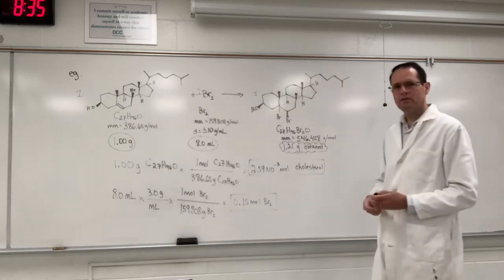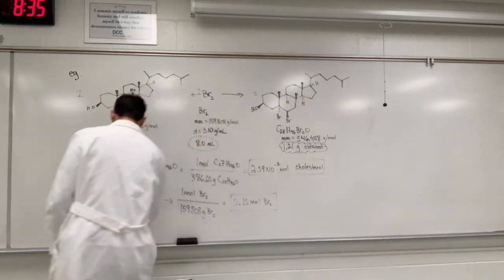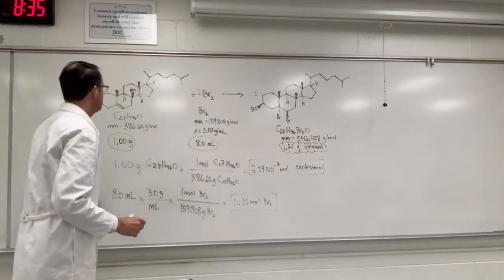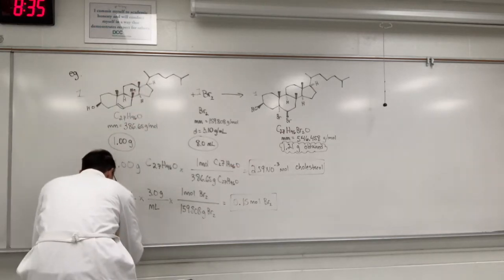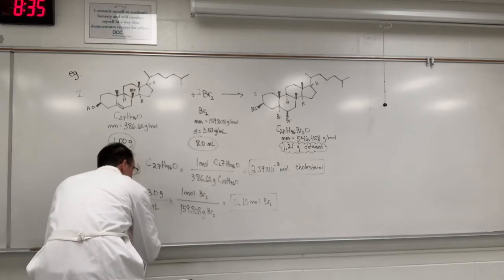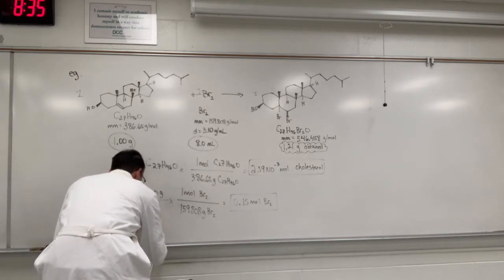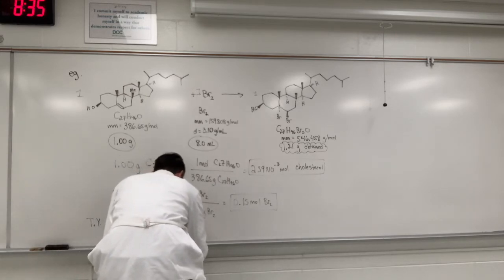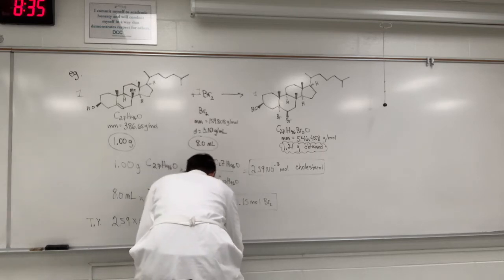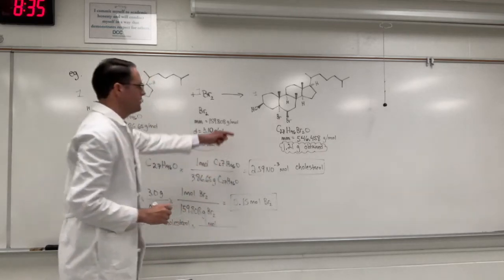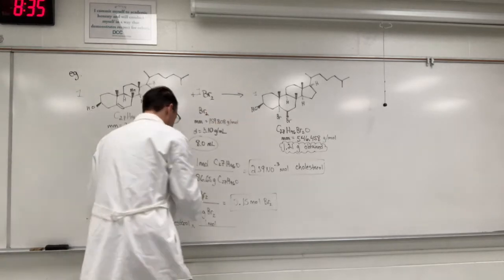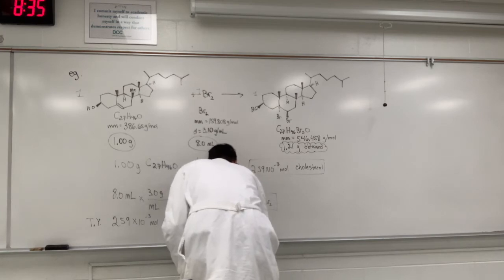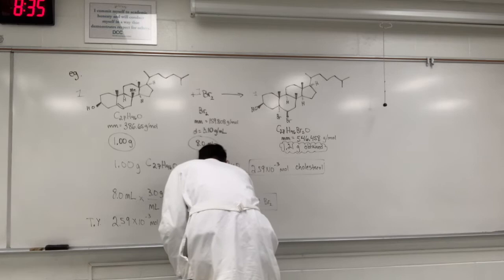So to figure out the theoretical yield, you do this. We're starting with this many moles of cholesterol as our limiting reactant. And I'm just going to say 1 mole of the product per 1 mole of cholesterol.